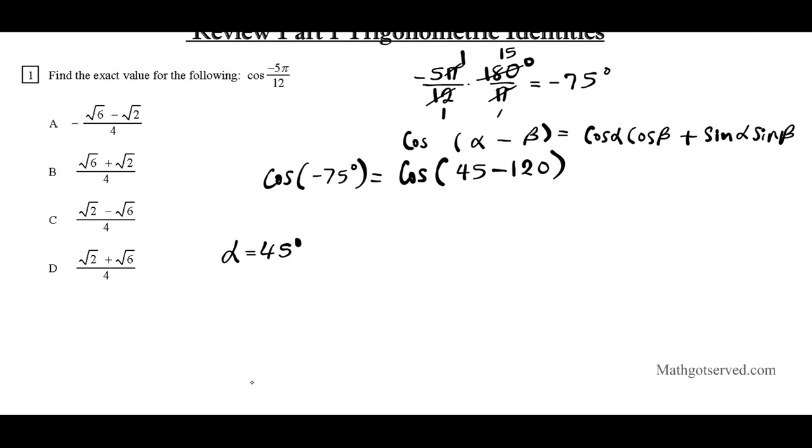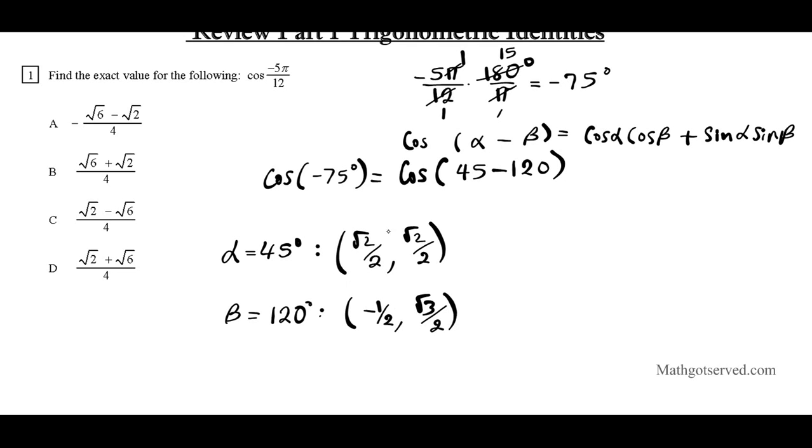So for 45, the coordinates are root 2 over 2 and root 2 over 2. And then for beta, beta is 120 degrees, and the coordinates are negative 1/2 and root 3 over 2.